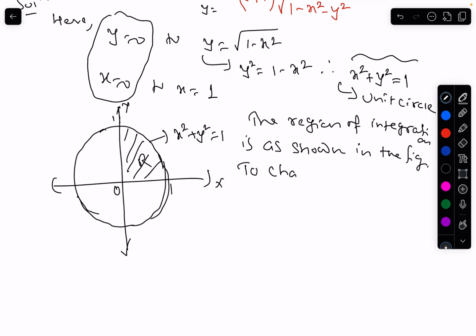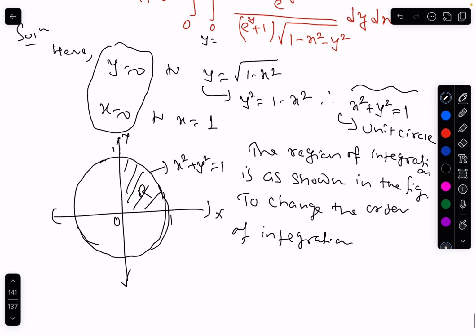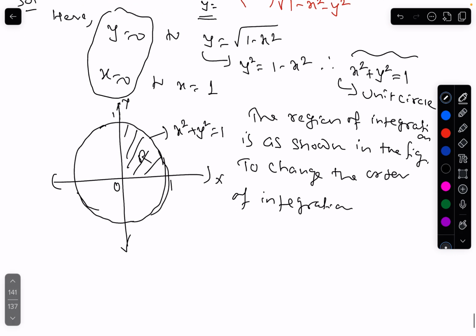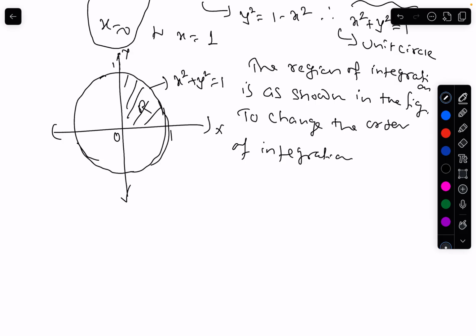Okay, to change the order of integration, now we need to integrate first with respect to x. So to change the order of integration, let us take a horizontal strip, say PQ, in the region.